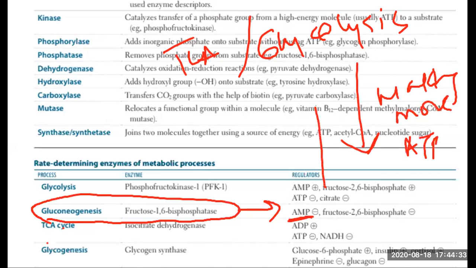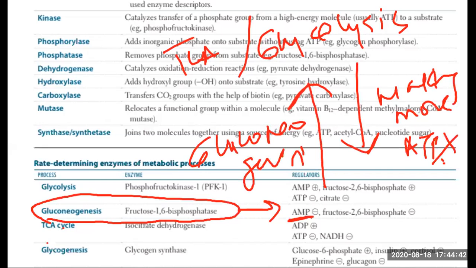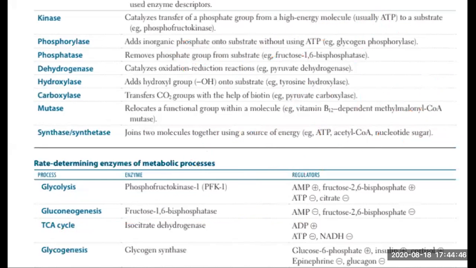But when you are going opposite and you are dealing with gluconeogenesis, you don't need ATP, you don't need energy. So in this step, AMP, a low energy molecule, will inhibit this pathway, because we are going towards low energy.